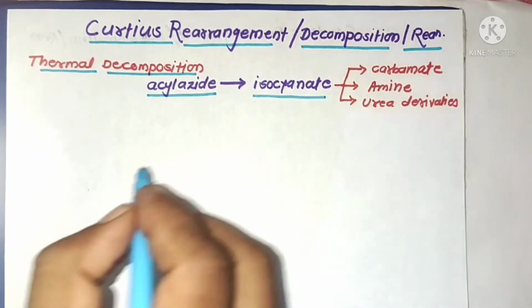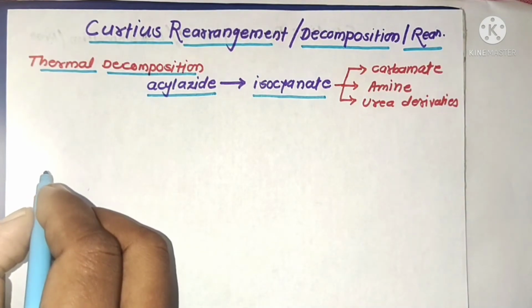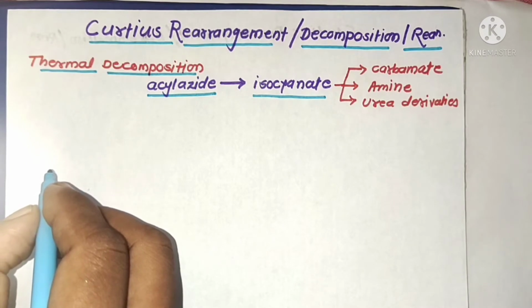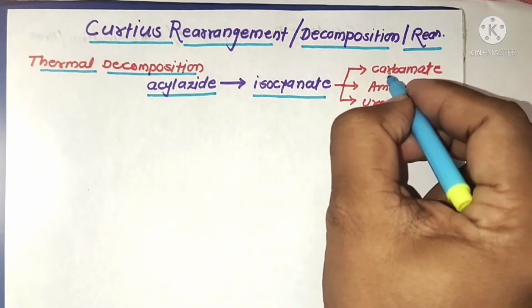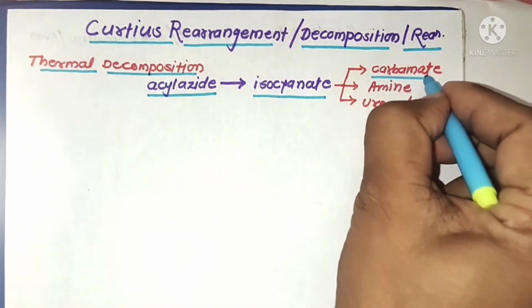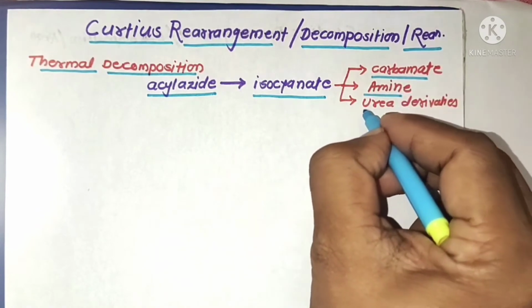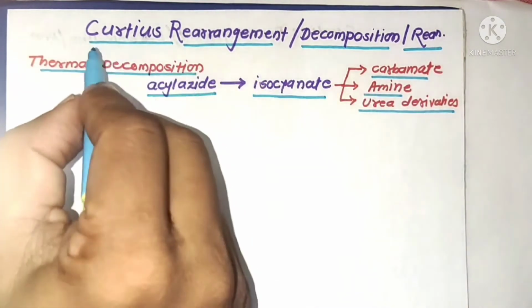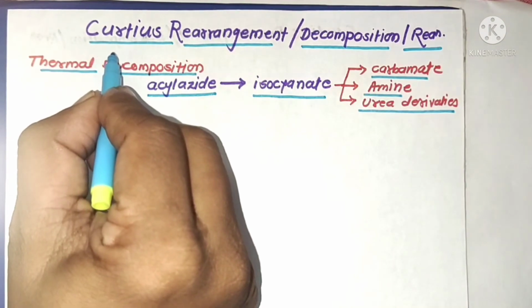Now, this isocyanate reacts in the presence of different types of nucleophiles, such as water molecules, alcohol or primary amine, to form carbamates, amines and urea derivatives. These are the products of this Curtius rearrangement reaction.